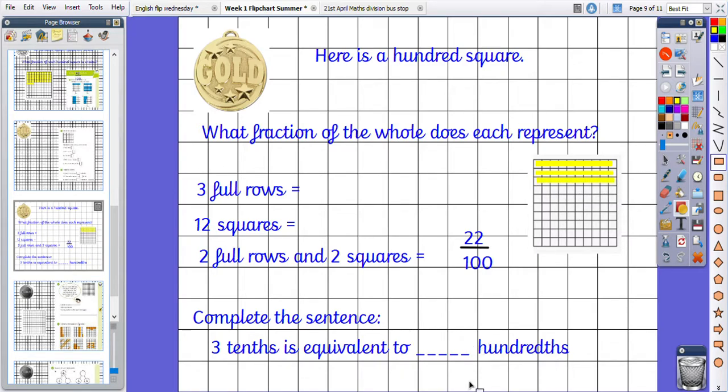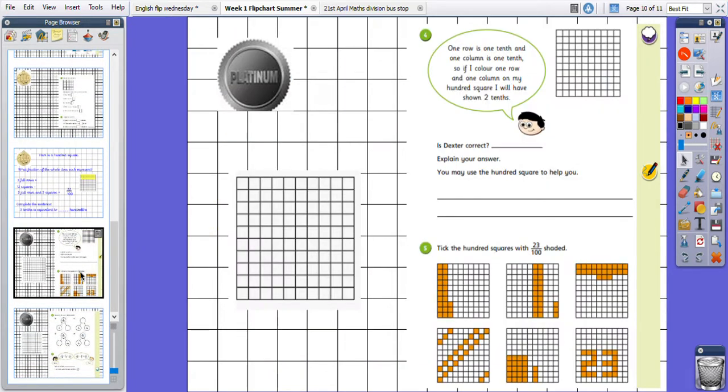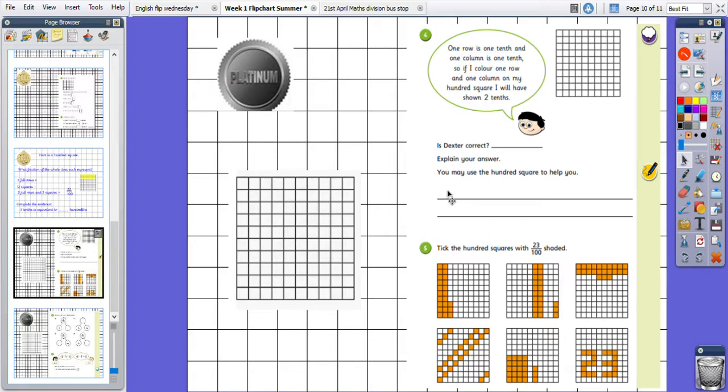How many hundredths have I shaded in? Now you need to look at each square individually and count how many you have shaded in to find the answer.